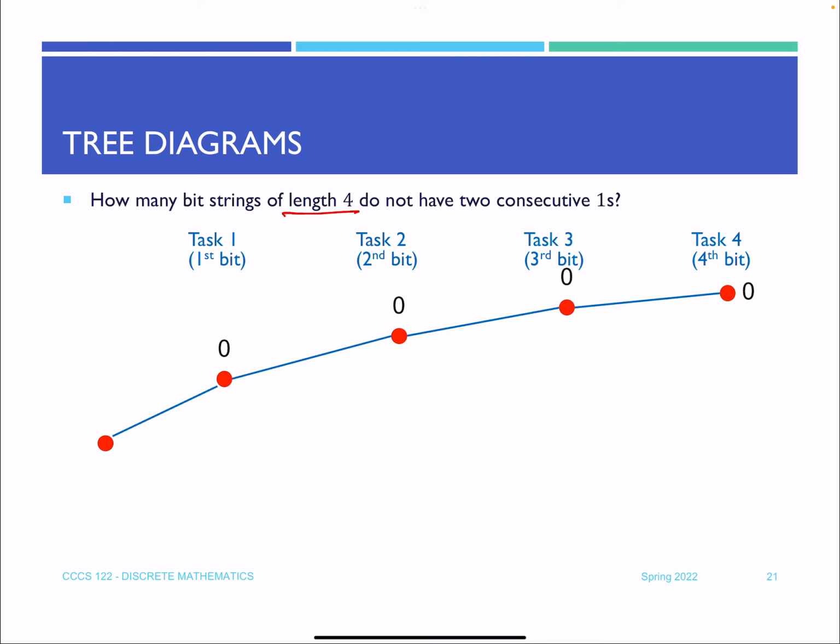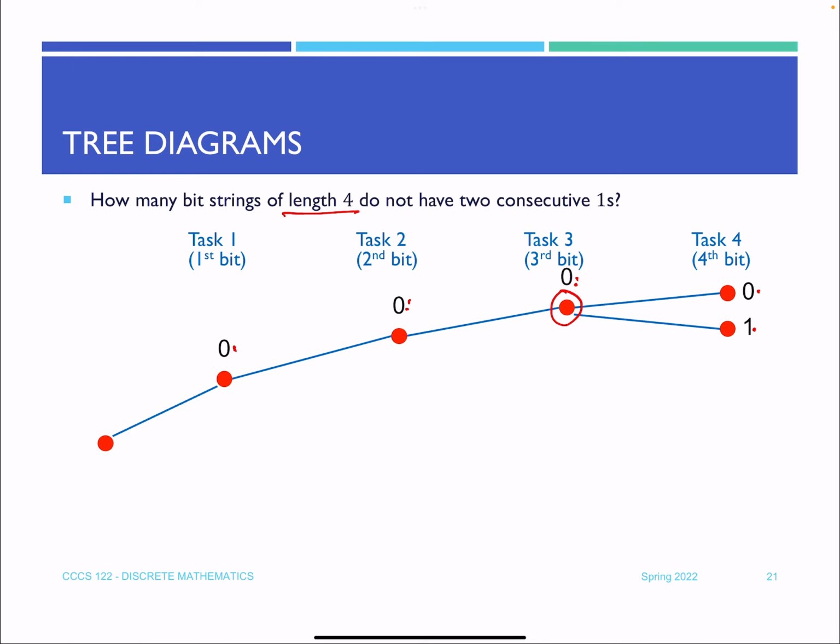Coming back from the tail end, if you used a 0 in the third bit, this means you also have the option of using a 1 in the fourth bit. And as you can see, this still obeys the rule. These two options, 0, 0, 0, 0, that's one bit string, and 0, 0, 0, 1, that's another bit string.